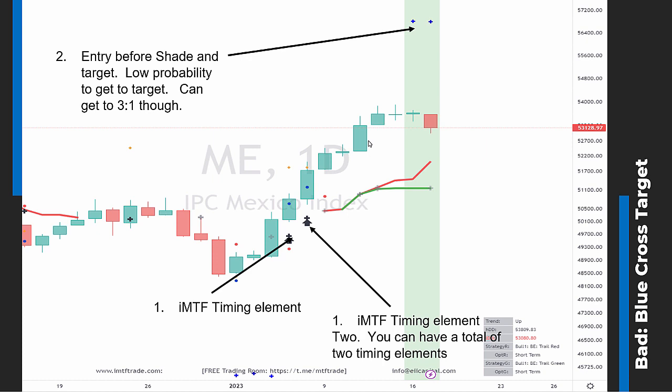So the best trades are when you have a timing element in a shade or after the shade, not before at all. If you're in an existing trade and the shade or the blue crosses appear after you enter a trade, that's a low probability trade where when you get to your 3 to 1, I would exit the trade and not look for it to get to the targets at all.